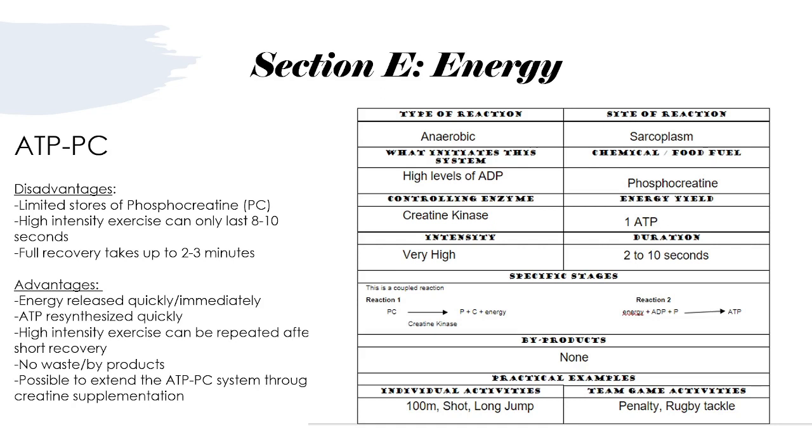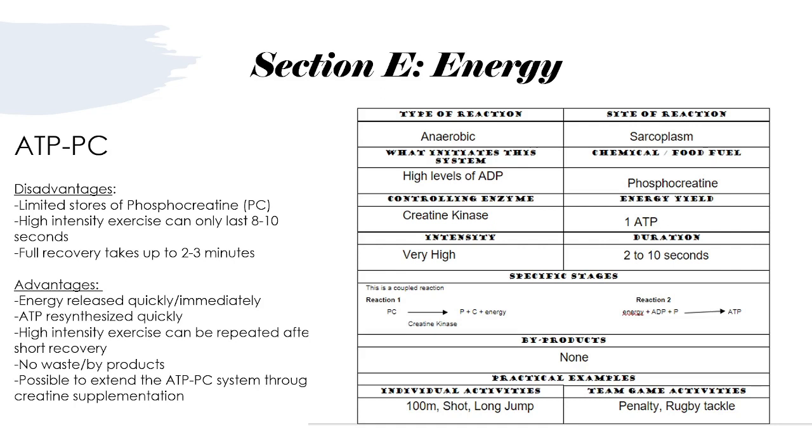Phosphocreatine is broken down by creatine kinase to produce a phosphate and a creatine plus energy. Then this energy combines with ADP and the spare phosphate to produce ATP.